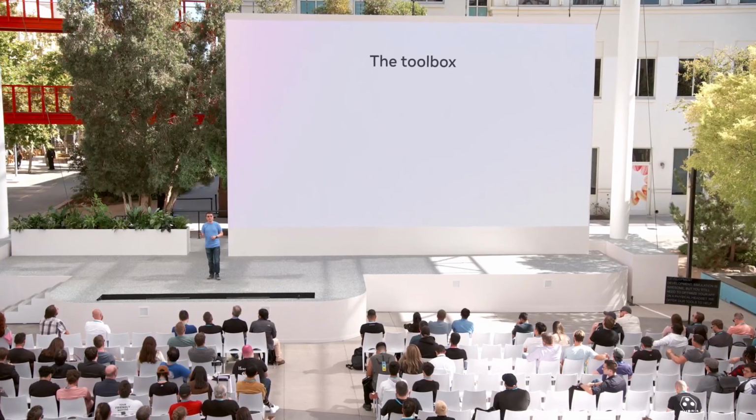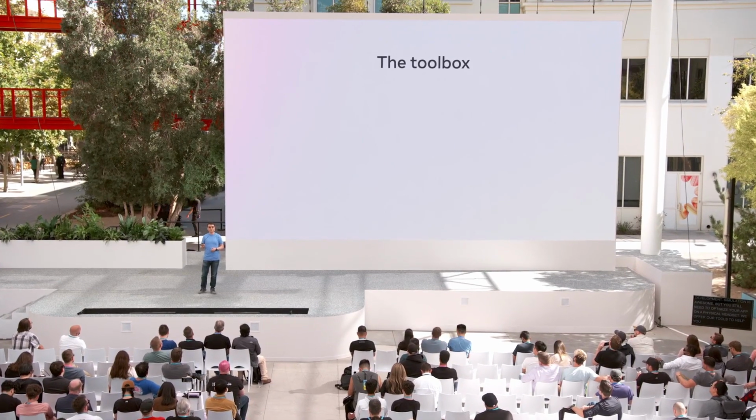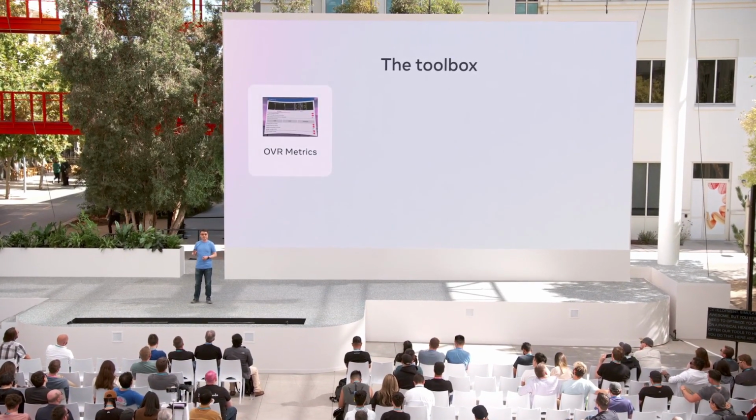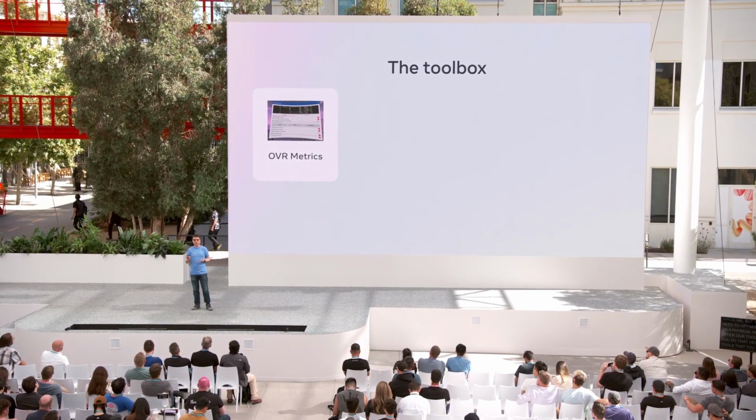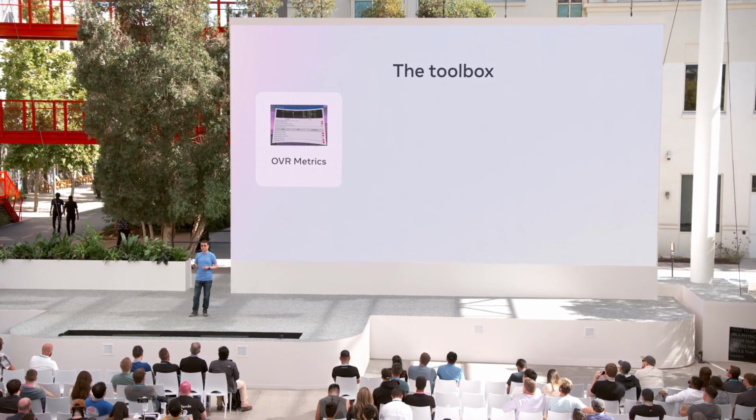Simulation is awesome, but you still need to optimize your app on a physical headset. We offer a comprehensive set of tools to help you do that. Here are a few tools that you will find handy. OVR Metrics Tool provides a real-time on-screen graph overlay to show the performance data.